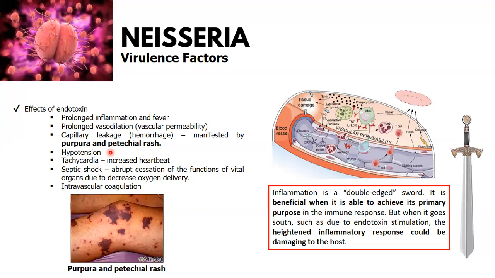And because there is a decrease in blood volume, tachycardia would occur, meaning the heartbeat is increased to more than 100 beats per minute because it compensates for the decreased blood volume in the circulation.